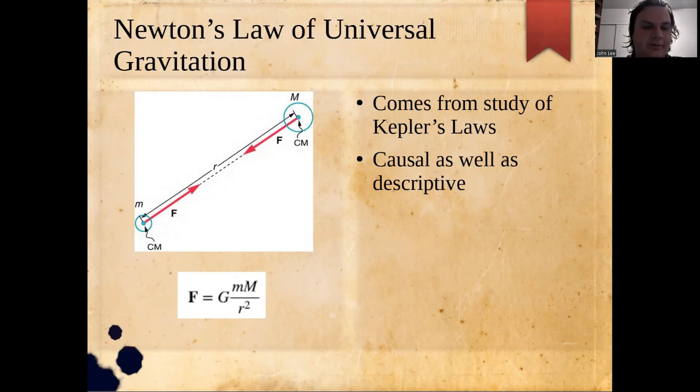The other thing to note is that it goes down according to the radius squared, which is the distance between the two objects, which means that the farther out you are, the less an object is going to pull on the other object.